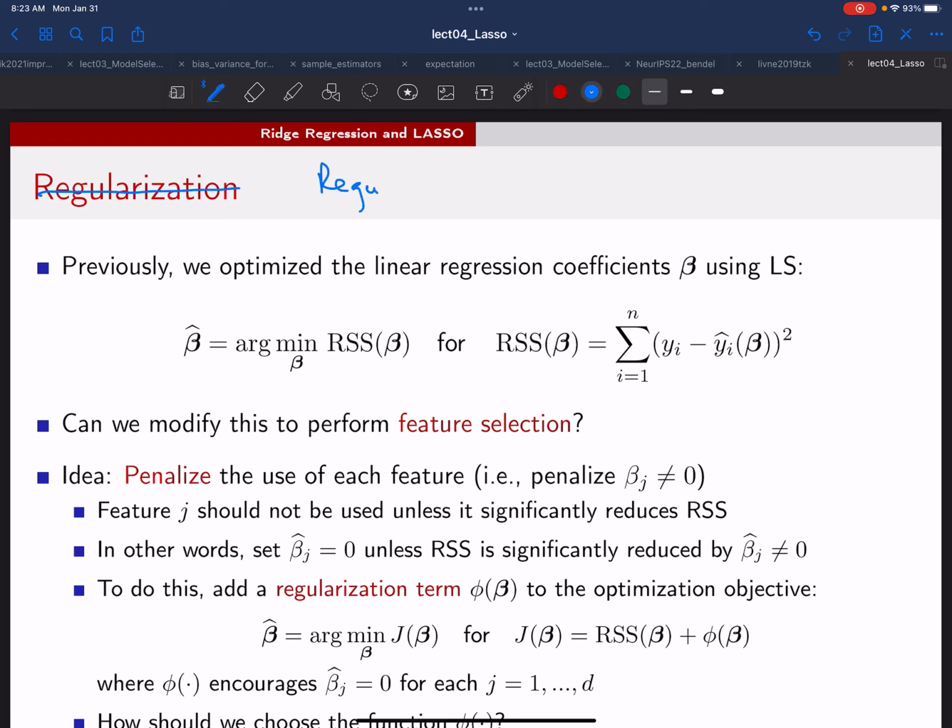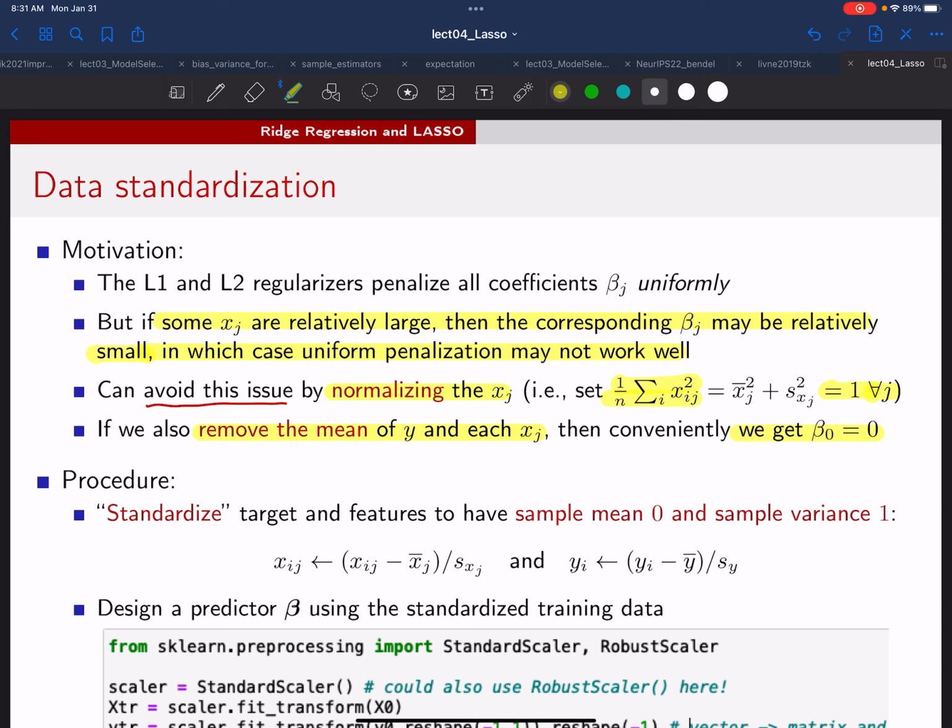Now there's one other thing that we tend to do. Remember how we don't want to penalize the intercept term? We can easily do that by forcing the intercept term to 0. If we remove the mean of both y and all the features xj, then as we learned in units 1 and 2, the intercept term goes exactly to 0.